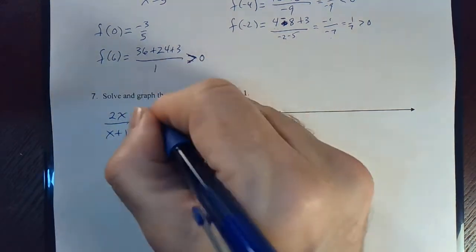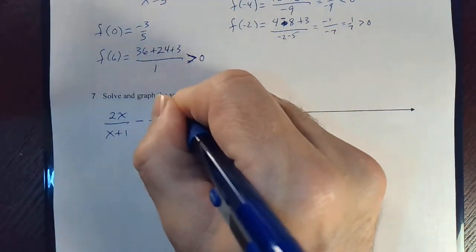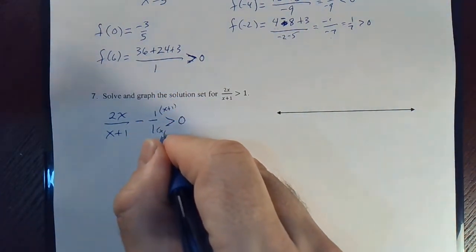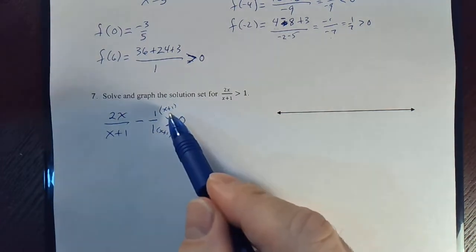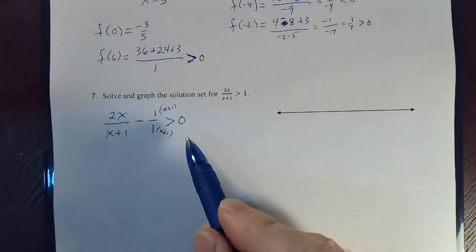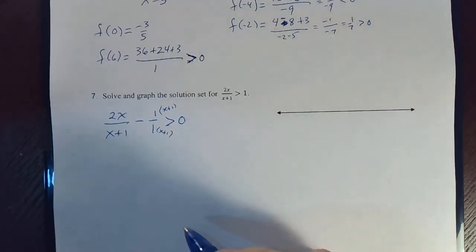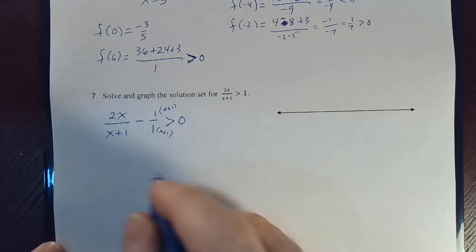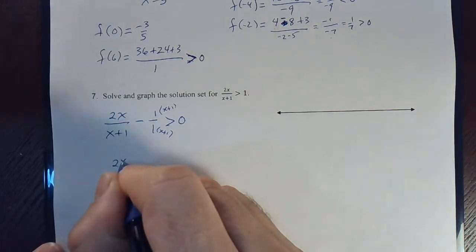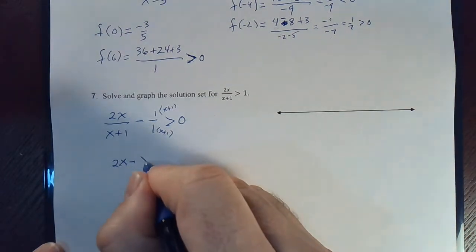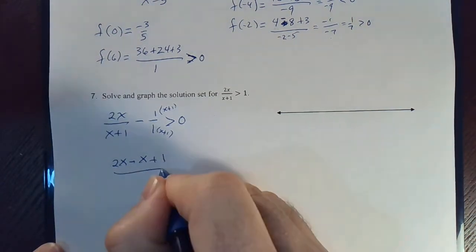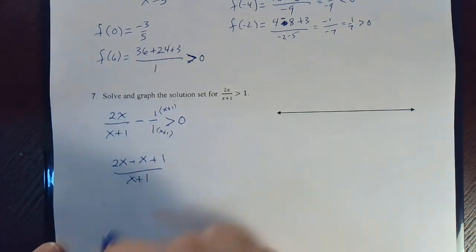Multiply top and bottom by x plus 1. So that just means that x plus 1 over x plus 1 is equal to 1. So that's going to give us 2x minus x plus 1 over x plus 1.